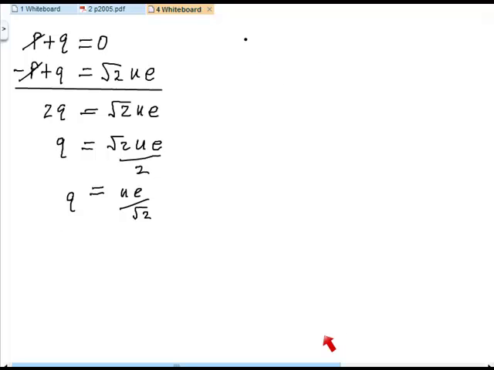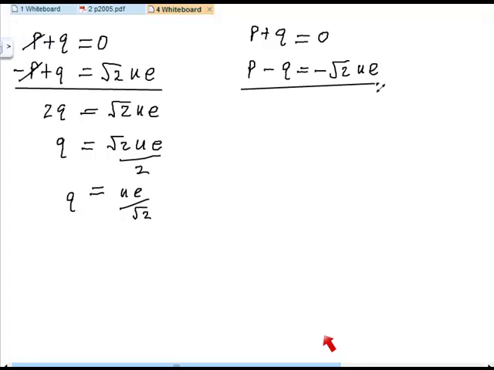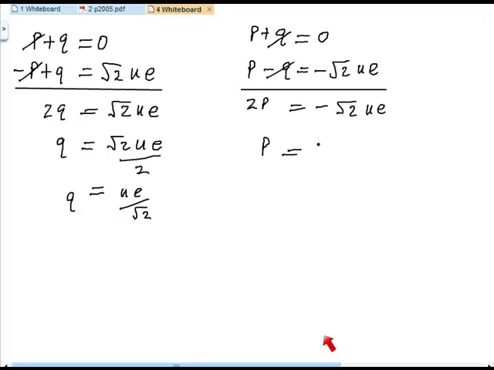This time we can maybe multiply the second equation by minus 1 to solve for P. P plus Q equals 0. Second equation becomes P minus Q equals minus root 2 UE. And this time the Q's cancel, and we have 2P is equal to minus root 2 UE, or P is equal to minus root 2 UE over 2.